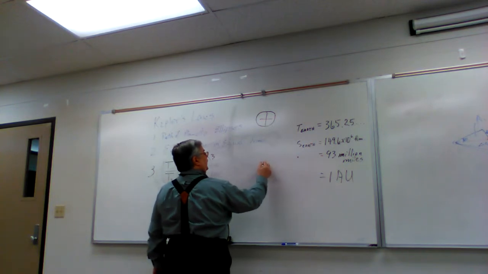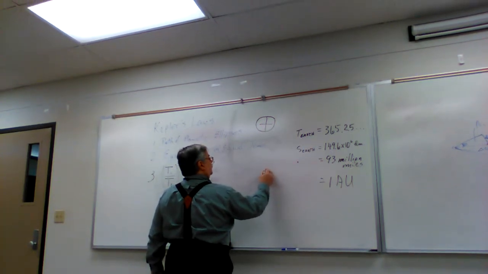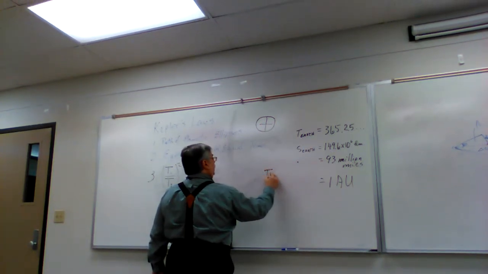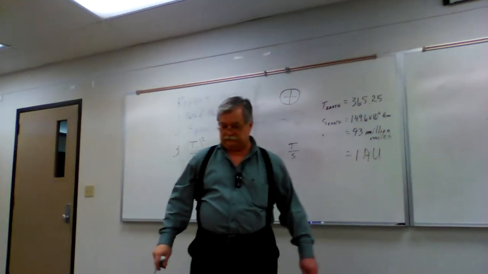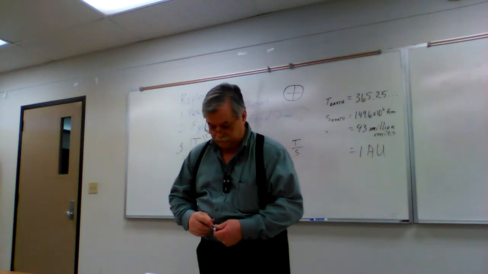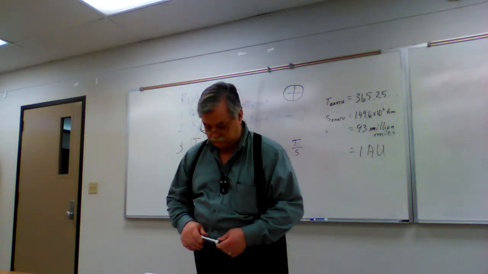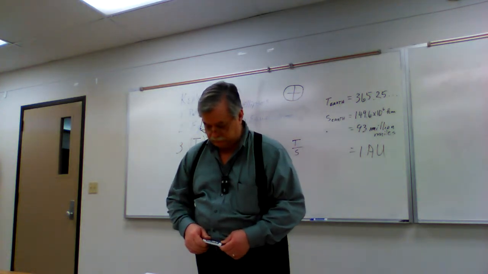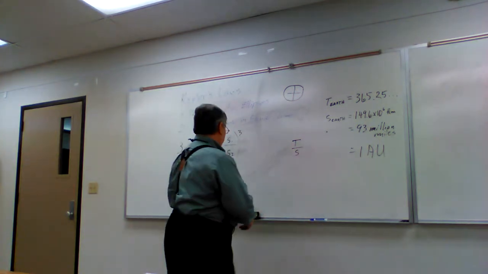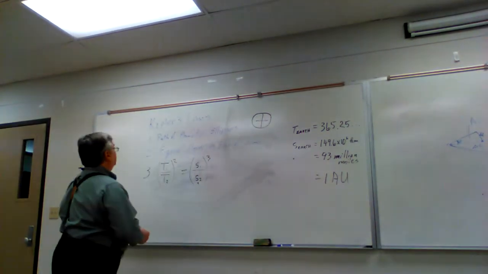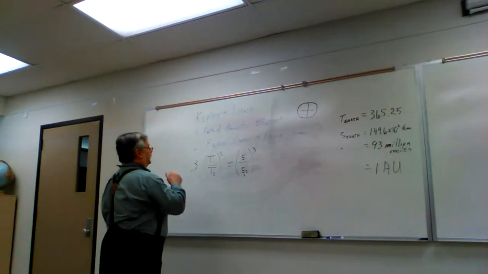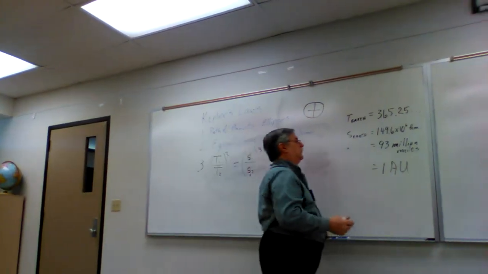It means that for any planet, the ratio of its period to its... We're just going to do this the way they do it in the book. We can rewrite this. Come over here.